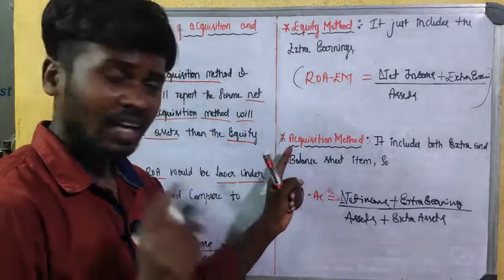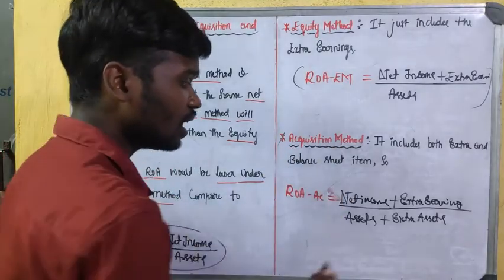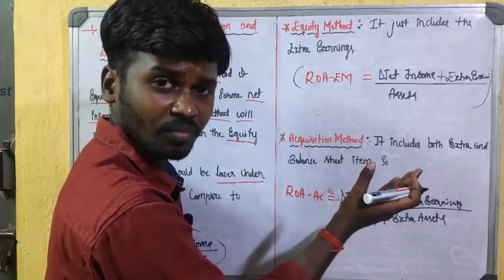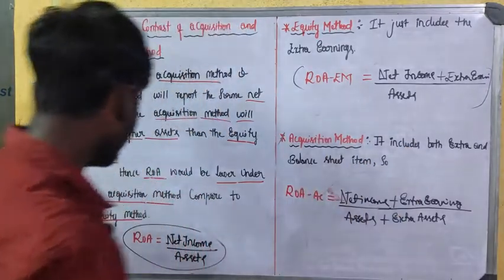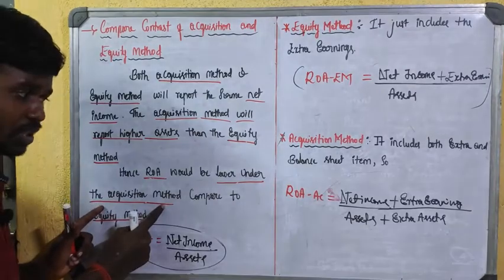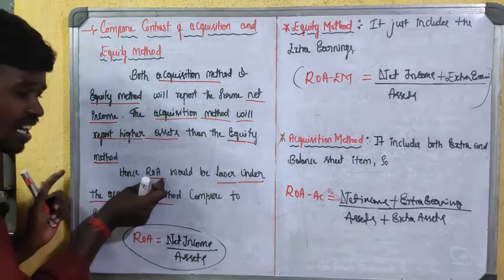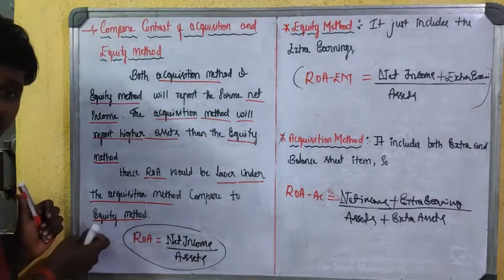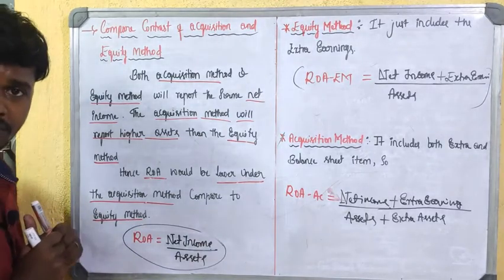See and observe, under acquisition method the denominator will be higher, therefore under acquisition method the return on asset will be less when compared to equity method.